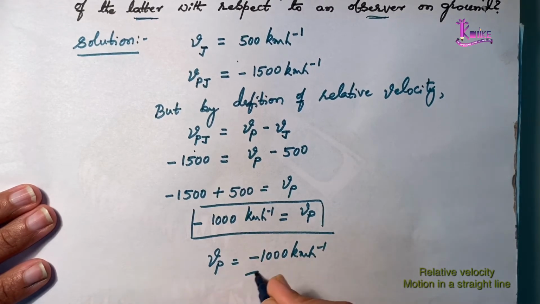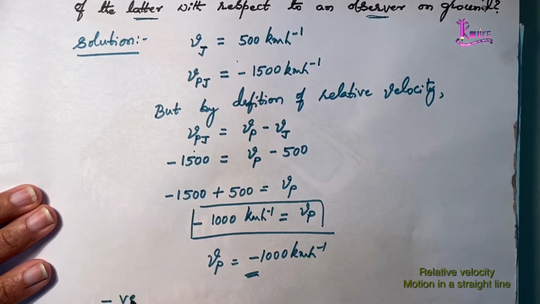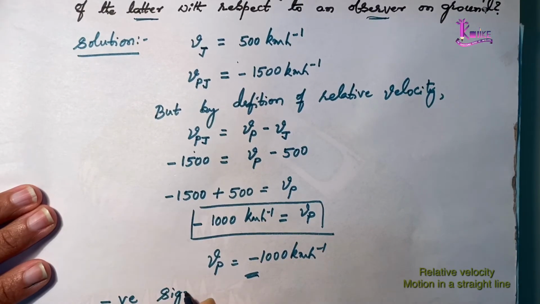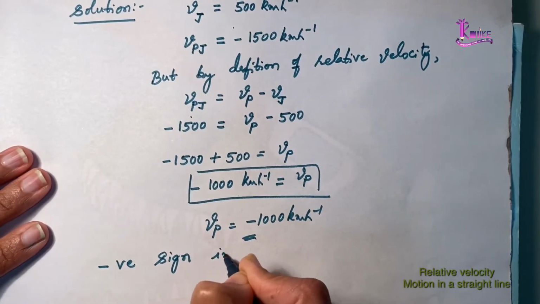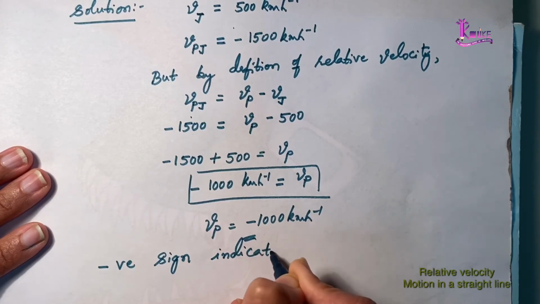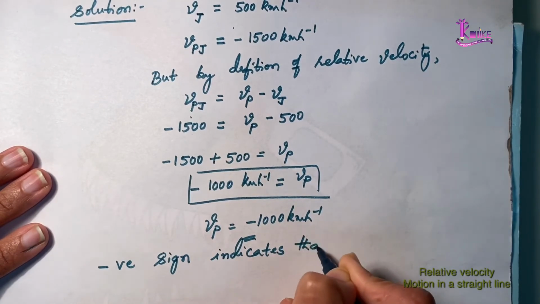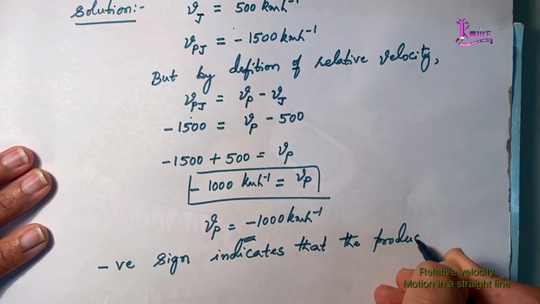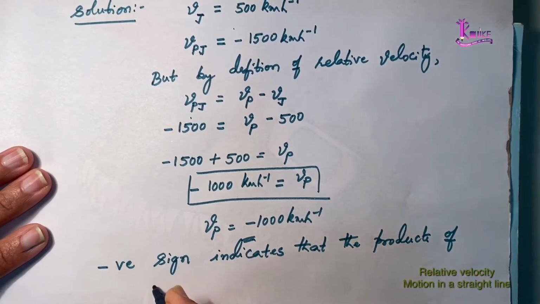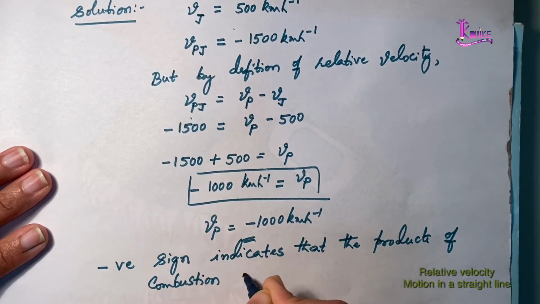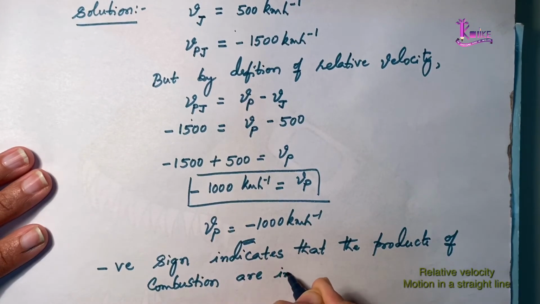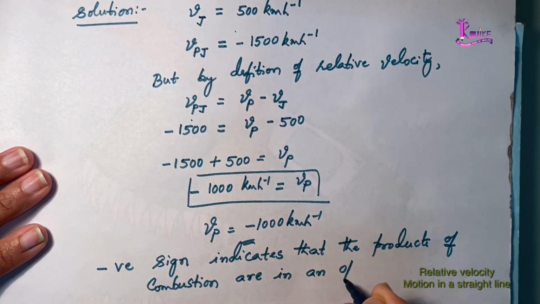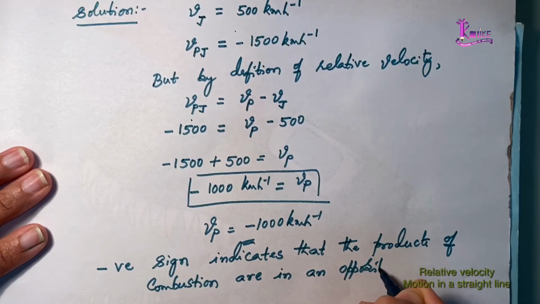But why do you get a minus sign again? Because the negative sign indicates that the products of combustion are in a direction opposite to the motion of the jet plane.